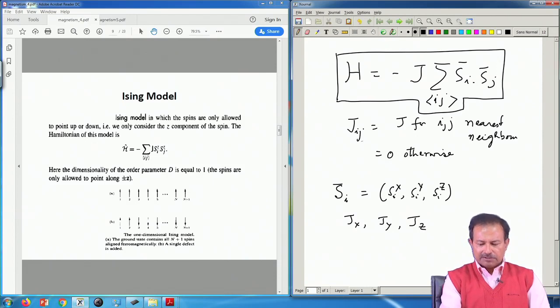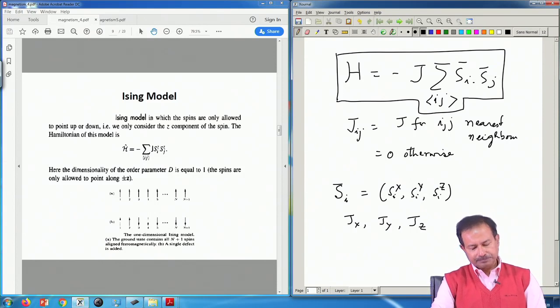There is a caveat that this J_ij equal to J, which is only surviving for nearest neighbor bonds, is not necessary. There are models where the J_ij are longer range; second neighbor, third neighbor interactions are not uncommon, but at the moment we are studying the nearest neighbor J_ij.